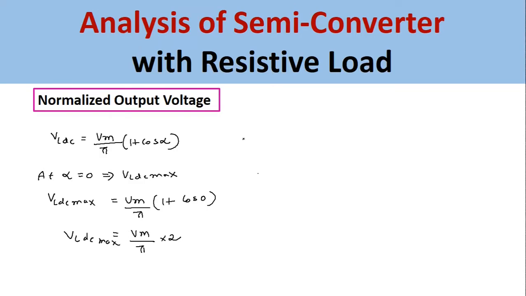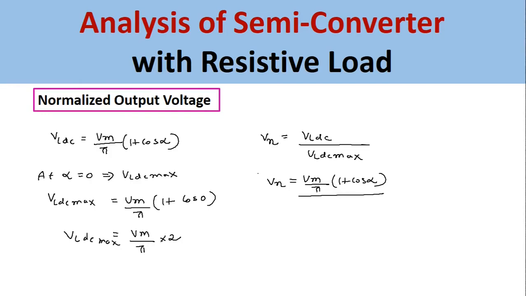Now normalized output voltage is given by Vn, which is equal to VLDC divided by VLDC maximum. Now we put the values of this VLDC and VLDC maximum here. We will get Vn is equal to Vm upon pi into 1 plus cos alpha divided by 2 into Vm upon pi.